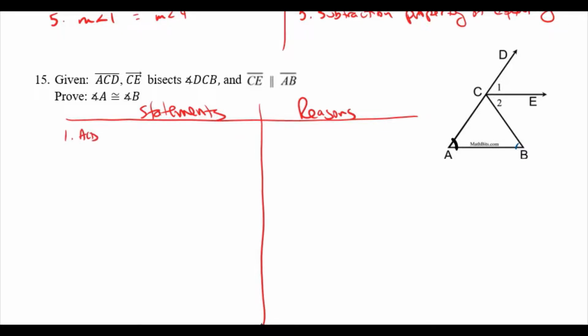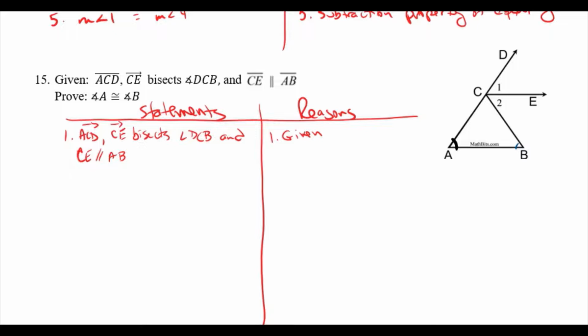So we want to say that we have ray ACD, that ray CE bisects angle DCB, and we know that CE is parallel to AB, and that reason is given.